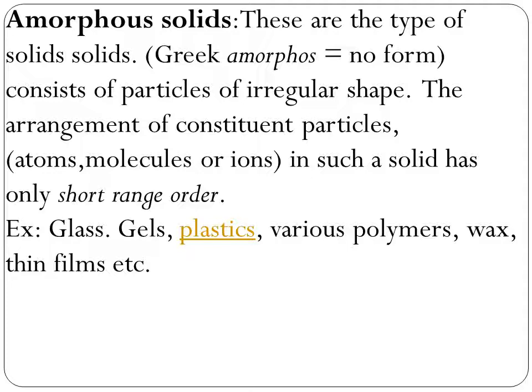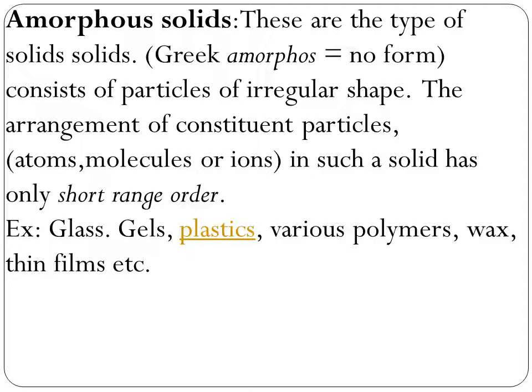So this can also add to softness and brittleness of the substance. Unlike crystalline solids, which are very hard, amorphous solids are soft. Examples are glass, gels, plastics, various polymers, wax, thin films, etc.